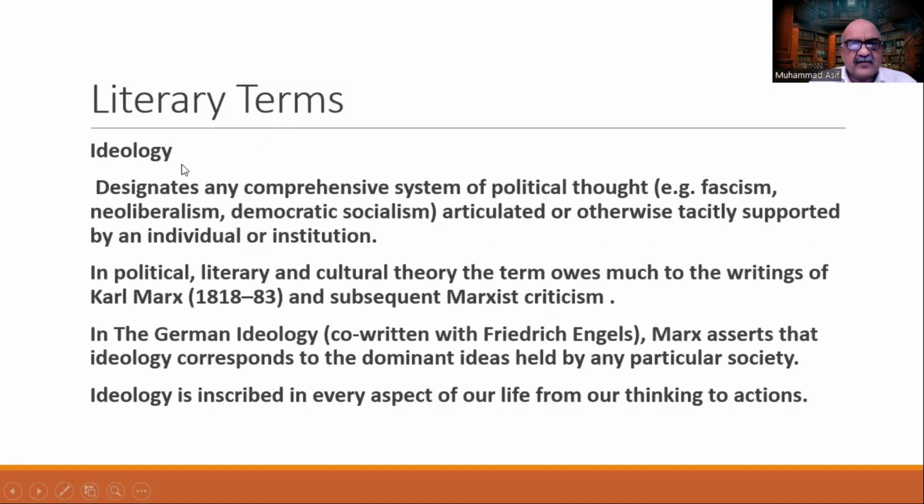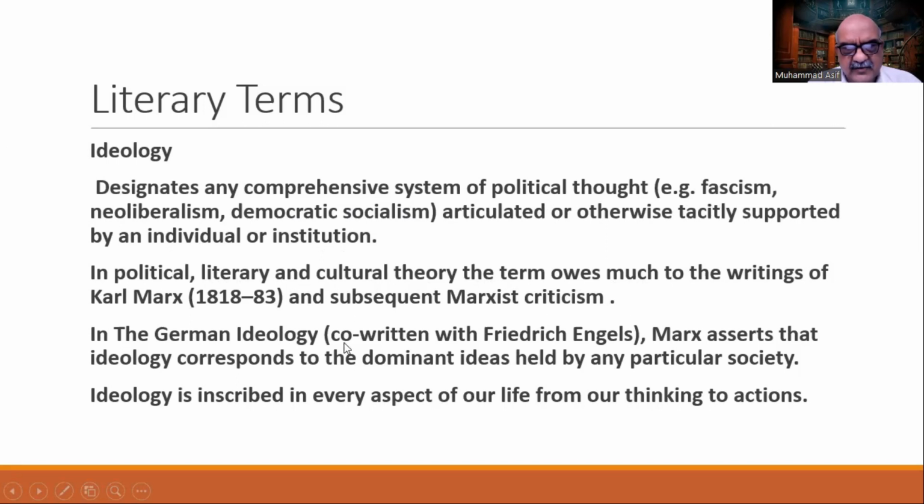Ideology, very important term, especially in Marxist context, designates any comprehensive system of political thought, fascism, neoliberalism, democratic socialism, articulated or otherwise tacitly supported by an individual or institution. In political, literary, and cultural theory, the term owes much to the writings of Karl Marx and the subsequent Marxist criticism.